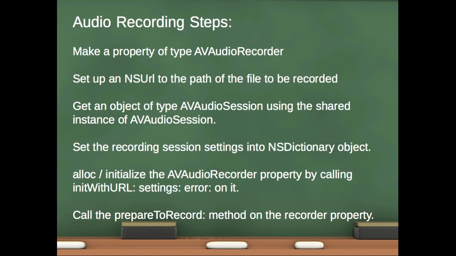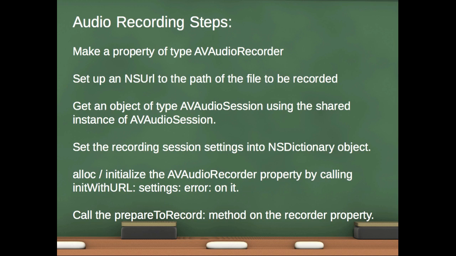The next thing you need to do is get an object of type AV Audio Session. Now, this is really simple to do. There is a single shared instance of AV Audio Session, which you get from the shared instance method of the AV Audio Session class. And this is the single shared session for audio in an iOS app that uses the AV Foundation framework. So you get one of those and assign it to the name of the object of whatever you're going to do.